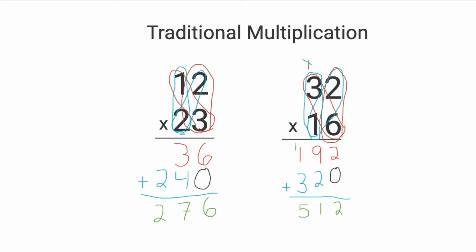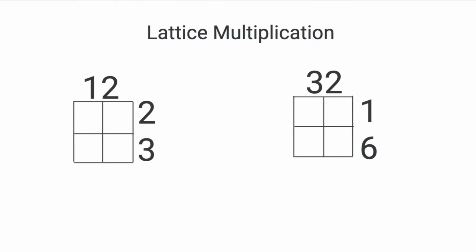So here we have the same two problems. 12 multiplied by 23 and 32 multiplied by 16. We already know the products. If we come back here, the first product is 276 and the second product is 512.